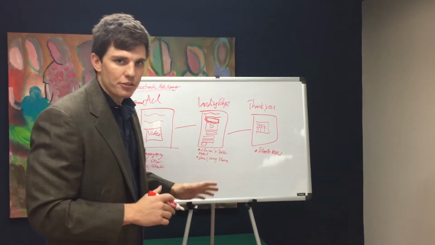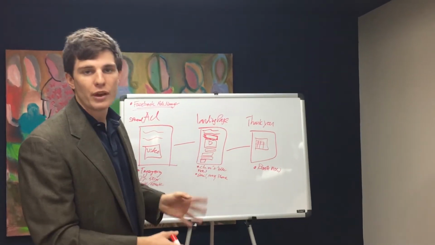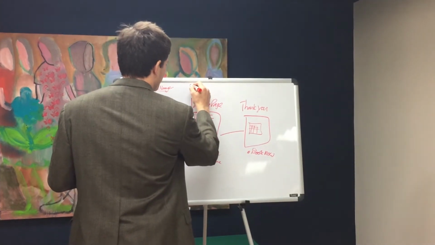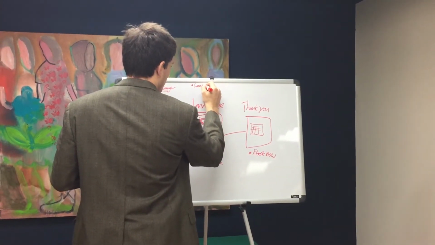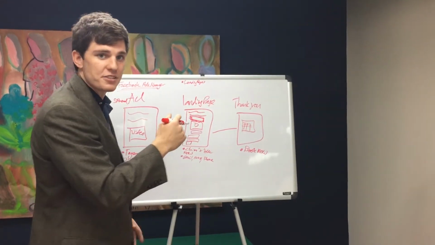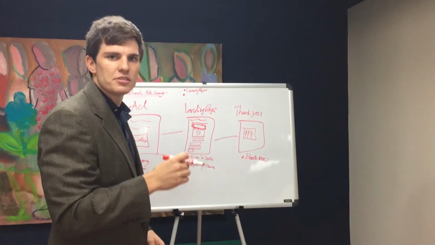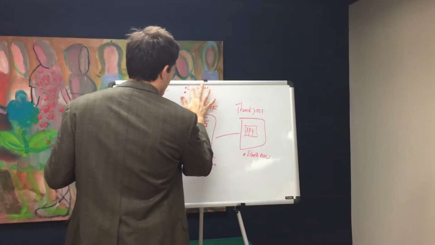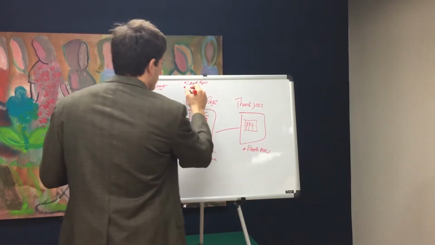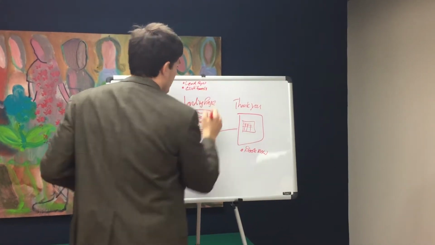Now, on the landing pages, there's actually several different things you can use, and we're going to put some links below so that way you can go and purchase them. There's two different things that you can use, which is Lead Pages, or ClickFunnels.